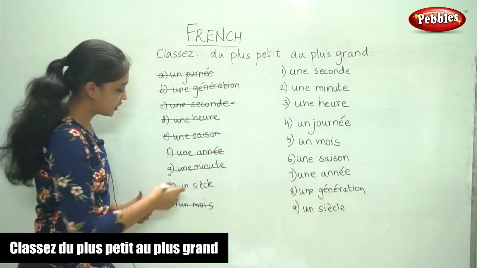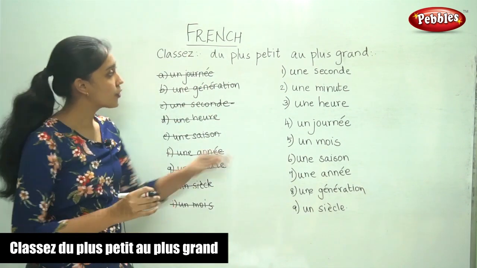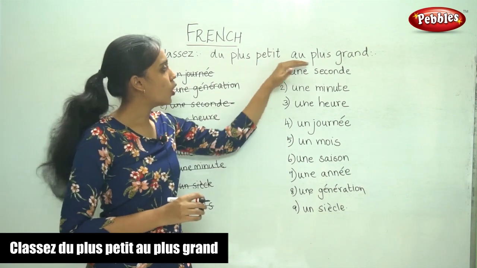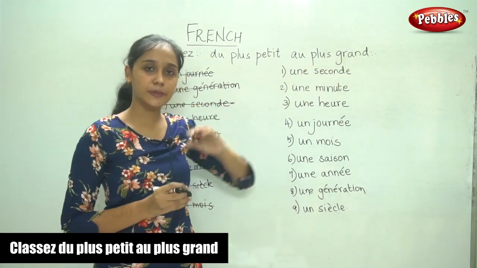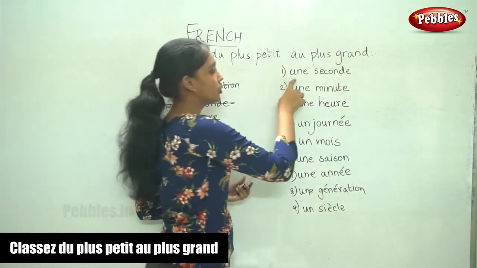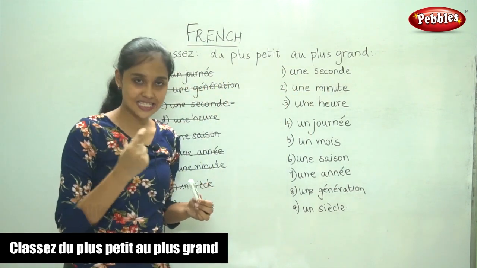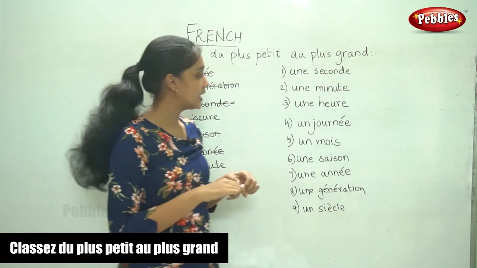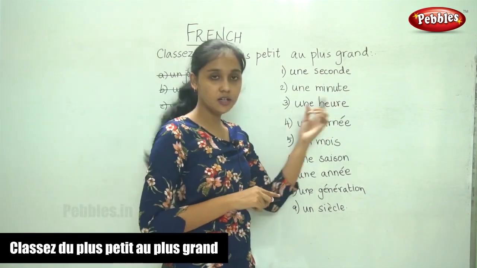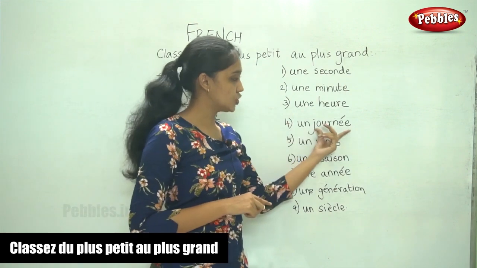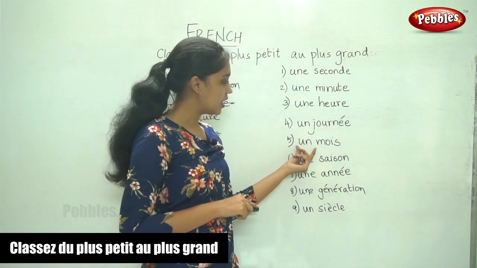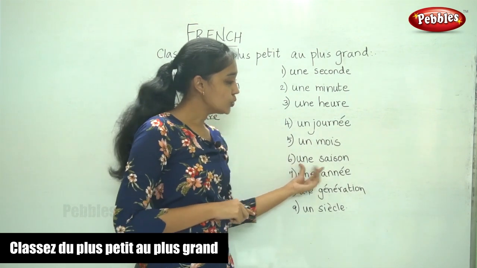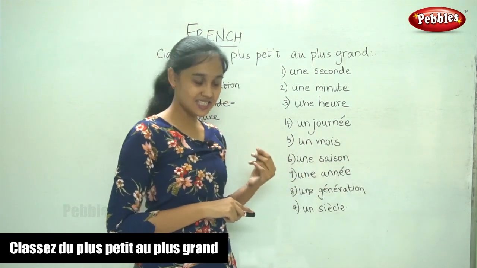So we have written it in the order from the smallest, du plus petit, to the biggest, au plus grand. So une seconde, 1 second, une minute, 1 minute, then une heure, an hour, a journée, a day, un mois, a month, une saison, a season.